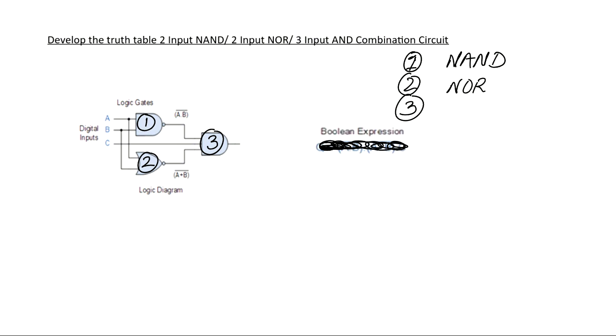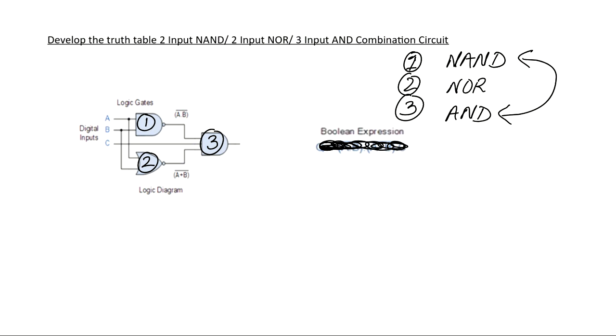Number three is an AND gate. If you remember in our previous lectures, I explained that AND gate and NAND gate are related to each other. So these are the three gates which are there.